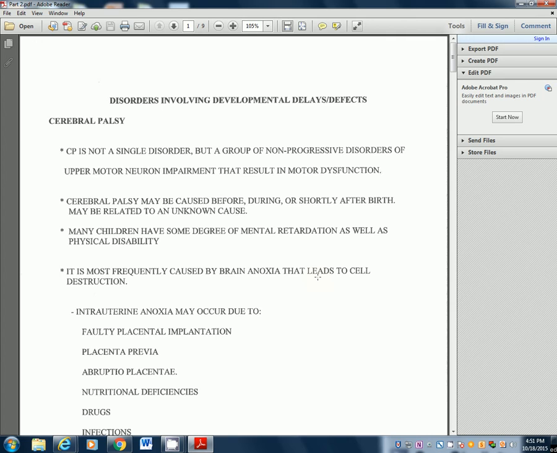This is a group of non-progressive disorders of the upper motor neuron impairment that results in motor dysfunction. And what happens is these reflexes involve muscle movement, so that your primitive reflexes that govern cerebral cortex, like your tonic neck, your startle reflex, all of those reflexes continue to hang on.